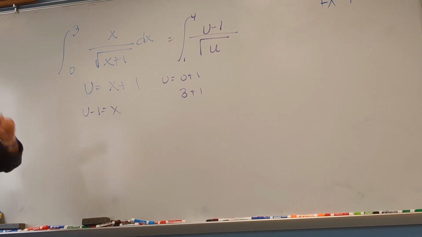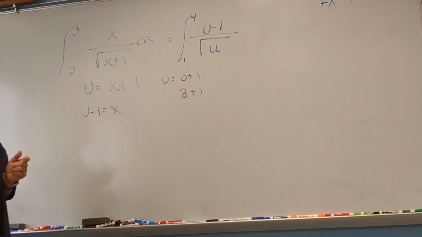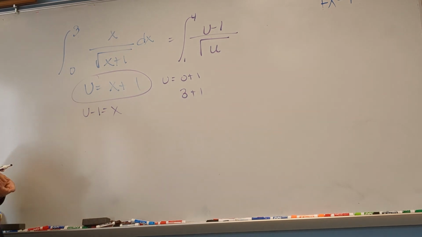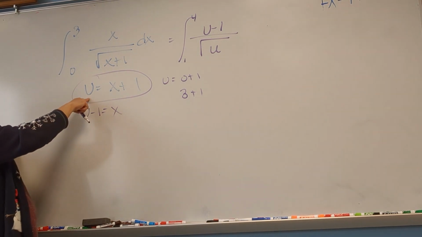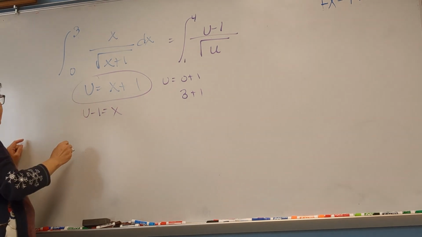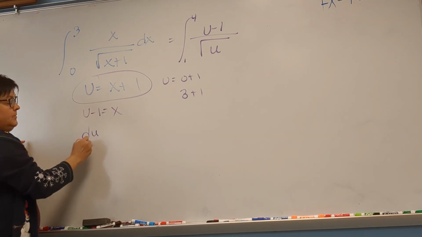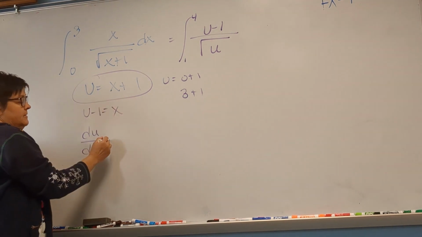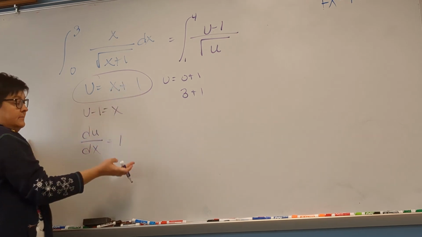Okay, one last thing, dx. What I have to do is take the derivative of this with respect to x and see if I can solve for dx. So what is the derivative of the letter u? It's du over dx, right? Derivative of u with respect to x. And then what would the derivative of the x be? 1, and the derivative of 1, 0.